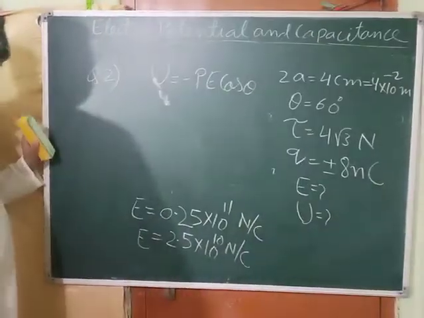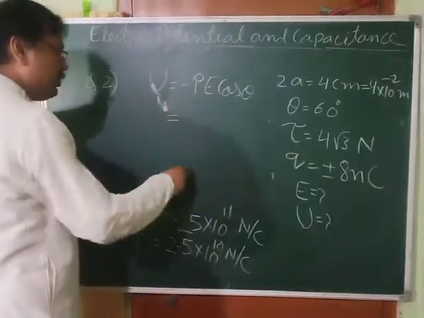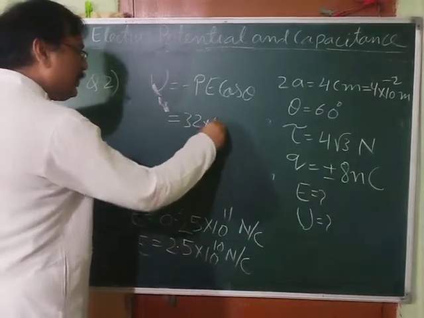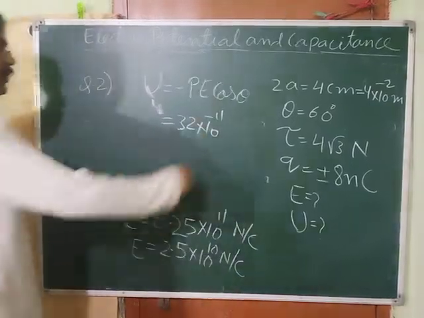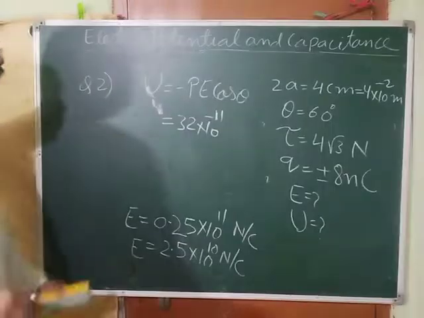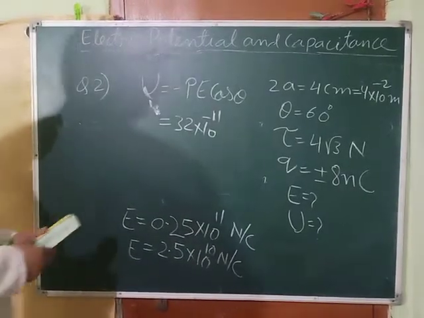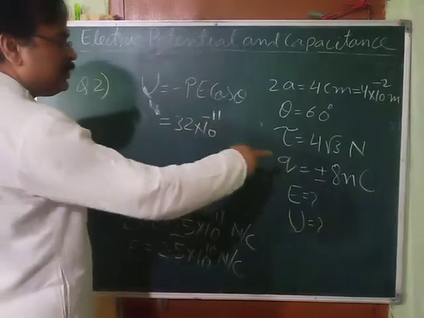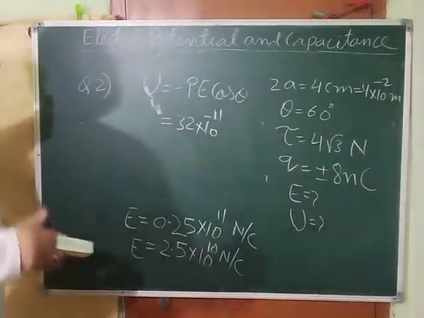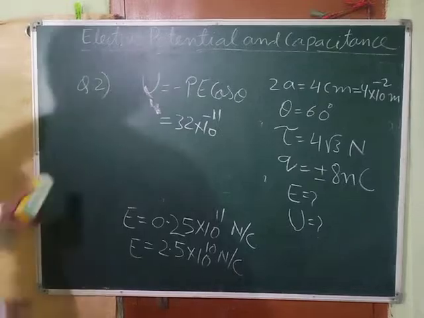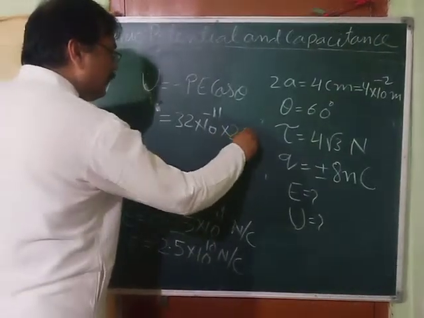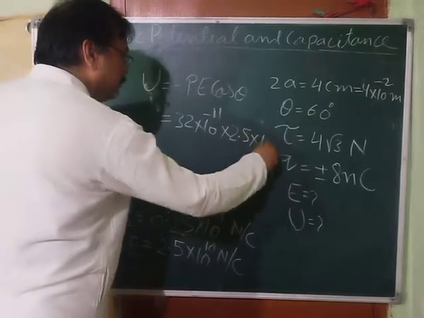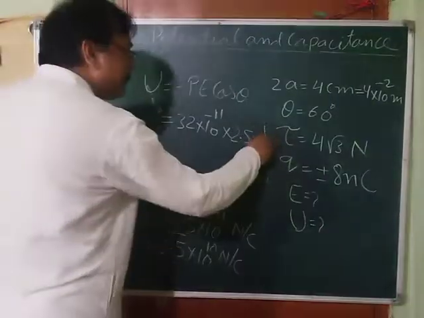Here P is 32 into 10 raised to the power minus 11, since minus 2 and minus 9 give minus 11. Now the value of E is in front of you, 2.5 into 10 raised to the power 10.